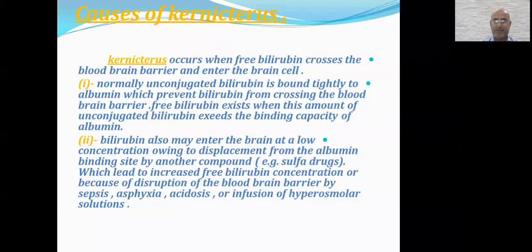If the capacity of the albumin receptor is exceeded and we have a lot of free bilirubin, this free bilirubin can pass to other important organs, including the brain, and result in severe brain damage. So albumin is an important part in the excretion of bilirubin.